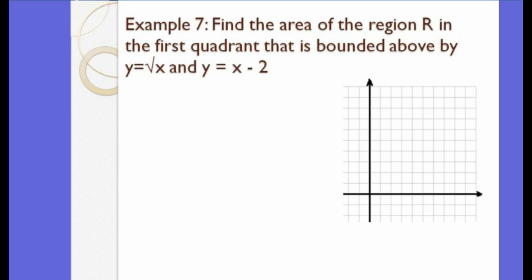Find the area of the region R in the first quadrant that is bounded above by the square root of x and below by y equals x minus 2.